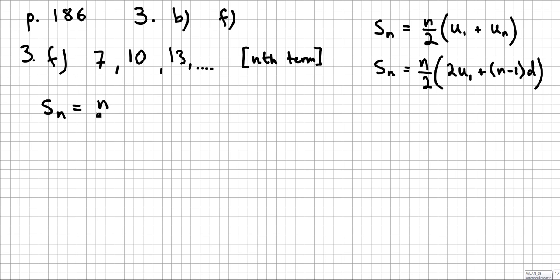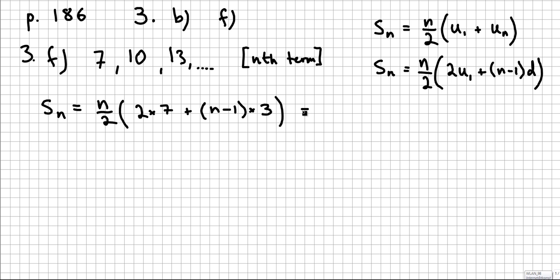So n divided by 2, bracket 2 times the first term, which is 7, plus n minus 1 times d. d is, for example, 10 minus 7 is 3, or 13 minus 10 is also 3. So the common difference d is 3.